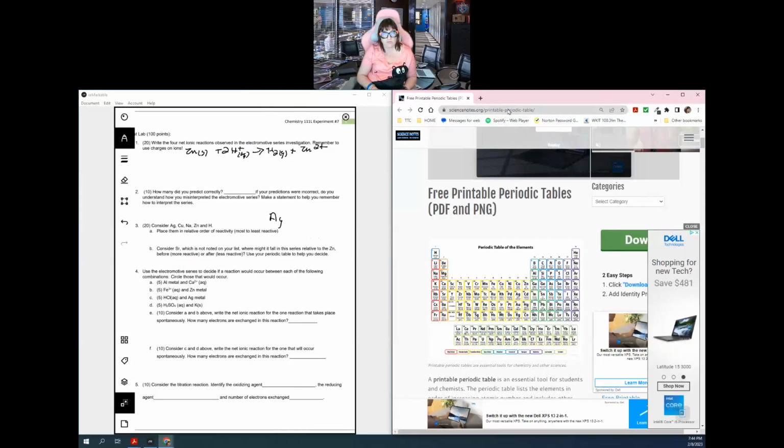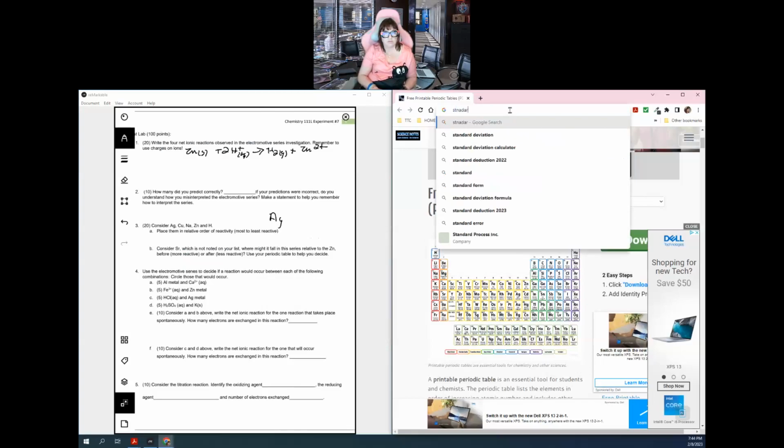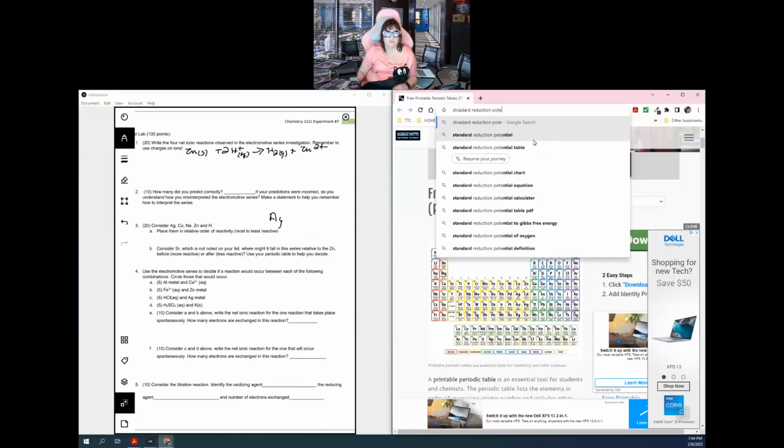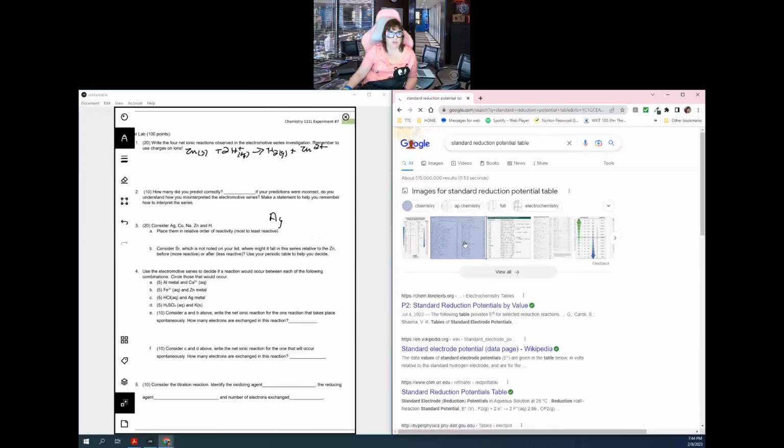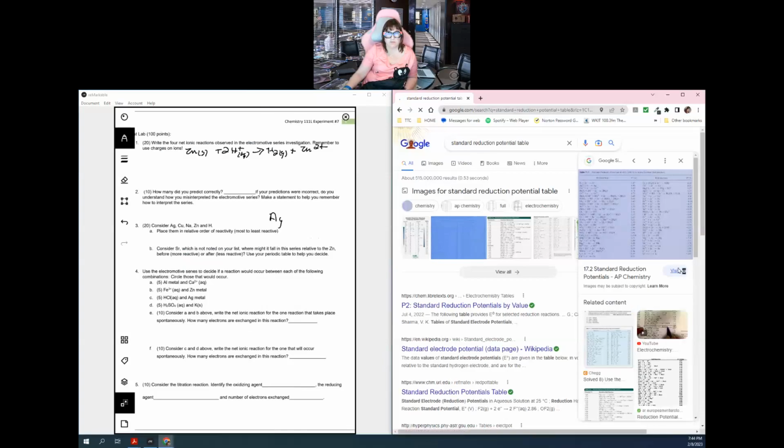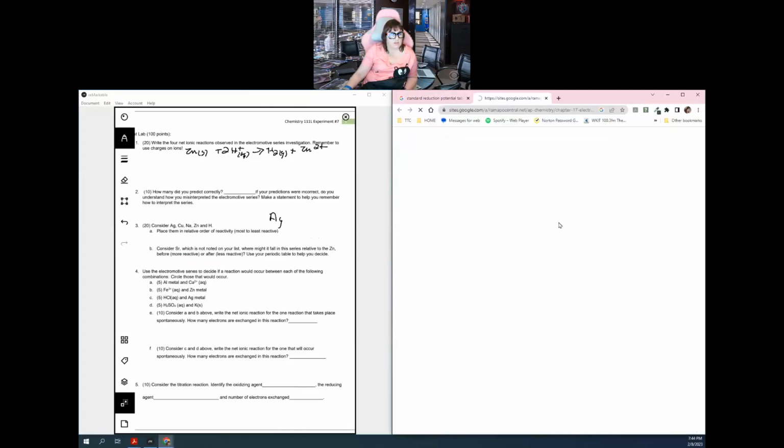Now, the combinations that I'm looking at, so I can pull up any list. There is one in the back of the lab manual, so you can look at that one.